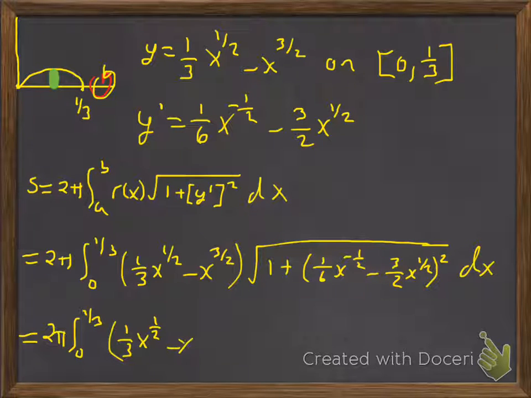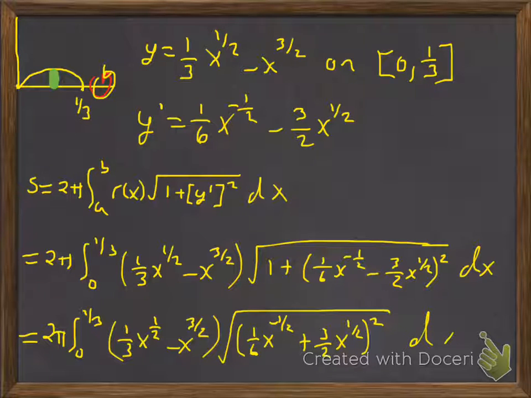Okay, so we'll go through the motions here and see what we've got going on. So we have 1/6 x to the minus 1/2 plus 3/2 x to the 1/2, quantity squared, and then the square root's going to undo that. So we'll undo that, and then we'll do a little bit of factoring, and then we'll expand it out, and then use the power rule to integrate everything.